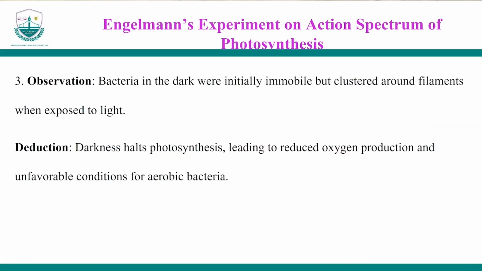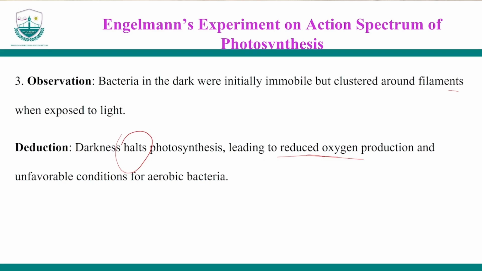In the dark, the bacteria were initially immobile. That means they were not moving, but clustered around the algal filaments when exposed to light. That means that darkness reduces or halts the process of photosynthesis, relating to the reduction of oxygen production.